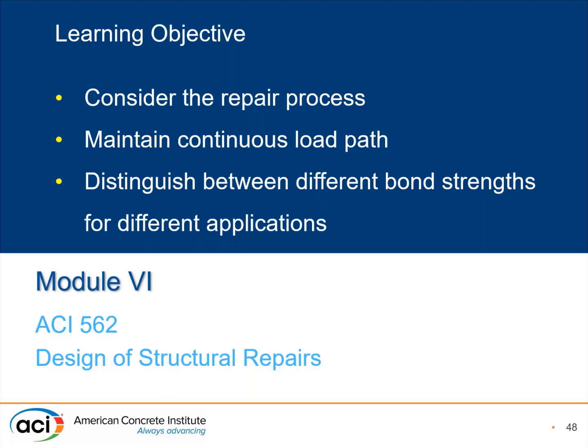Obviously, maintaining continuous load paths, as is good engineering principle, and distinguishing between different bond strengths for different applications. We'll spend a bit of time talking about bond strength in this next part of the presentation, and it really is one of the most important aspects, I think, of conducting repairs.